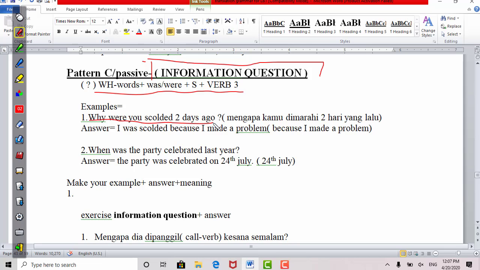Mengapa kamu dimarahi 2 hari yang lalu? I was scolded because I made a problem. So, if the question is an information question, you will not answer by yes or no, but you give the information because this one is an information question by using a WH word. Jadi ini jawabannya akan sebuah informasi, bukan sebuah yes atau no. Bukan jawaban yang mengkonfirmasi kalau ini yes atau no.